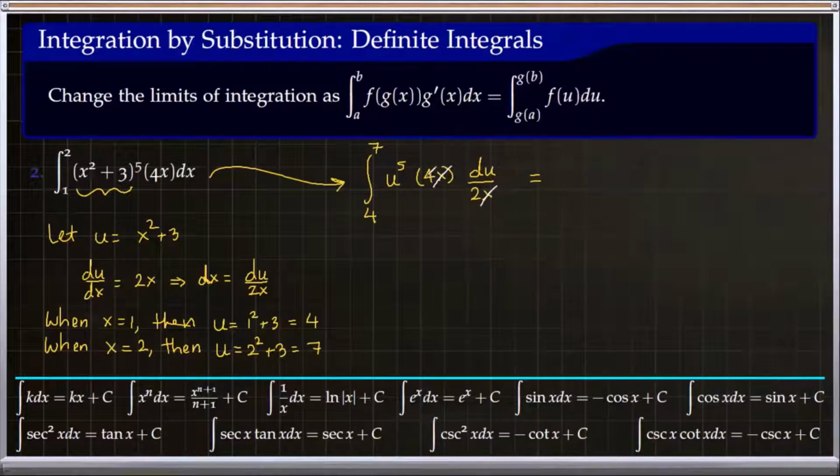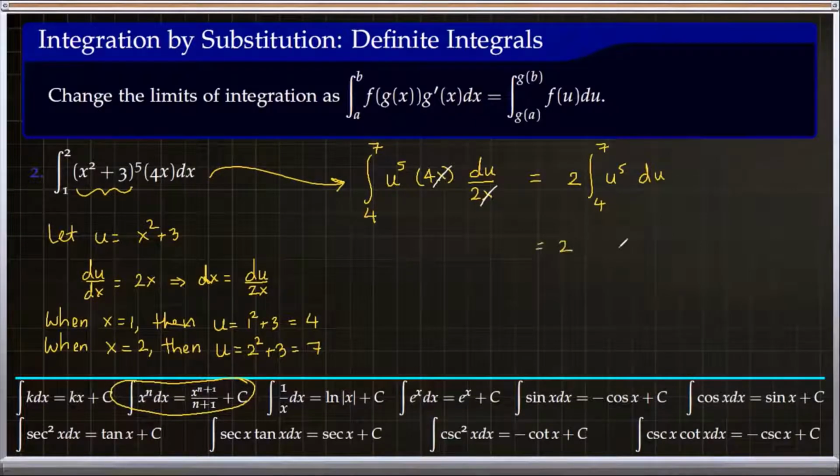and I can also divide 4 by 2, so that will give us 2. So I'm going to bring that 2 all the way to the front. So it becomes the integral from 4 to 7 of u to 5 du, which is a very nice integral. And we can integrate that simply by using this formula.